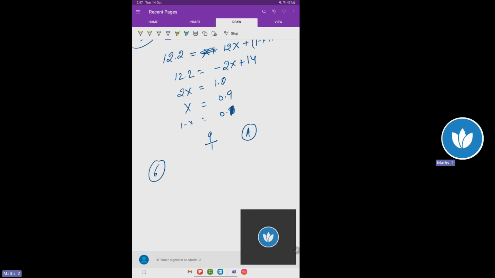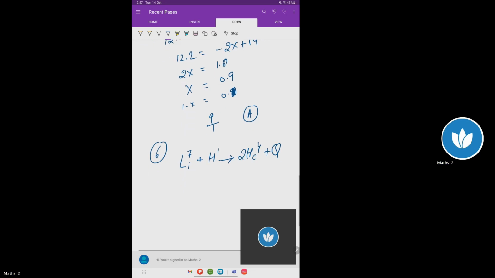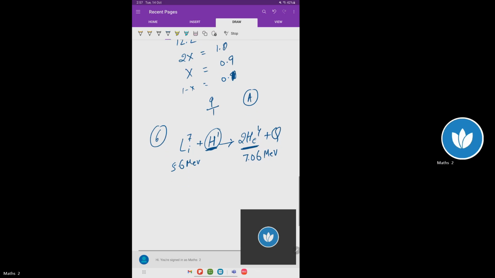Question number 6. Lithium 7 plus H1 is equal to 2 He4 plus Q. Binding energy per nucleon of lithium is 5.6 mega electron volt and for helium is 7.06 mega electron volt. And for H1 there will be no binding energy, only one nucleon is there, so it is 0.